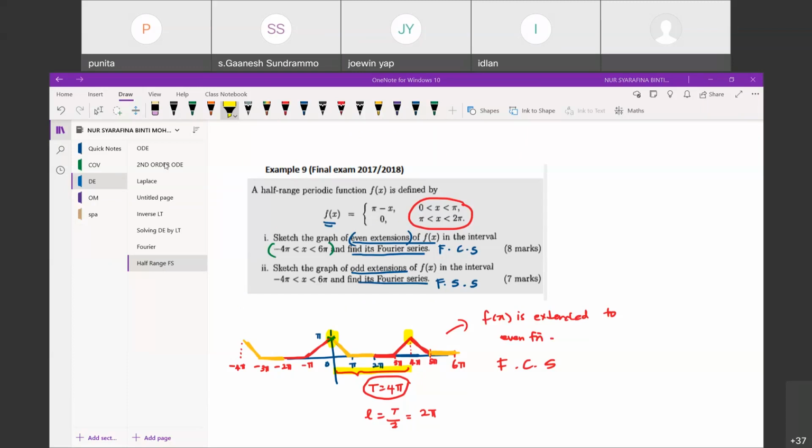Okay, try it. Identify the extended graph for the odd extension here. This is for even, this is for odd. So the problem for half range is only about the graph. Correct graph, correct period, correct L, then of course, the same process as for Fourier series. Is it cosine or sine? Okay, try.